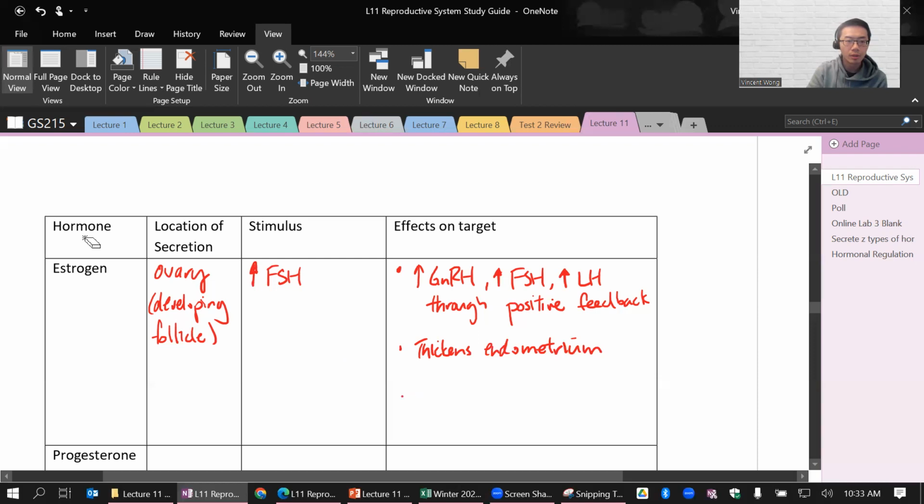Okay, now in general, estrogen is also responsible for, like during puberty, developing secondary sexual characteristics. Okay. Maybe we just stick with these ones. It's fine.